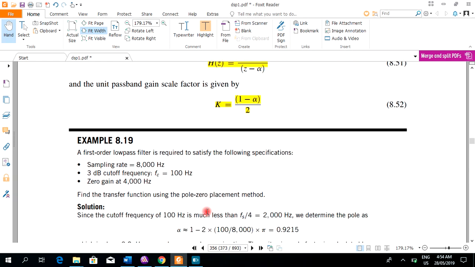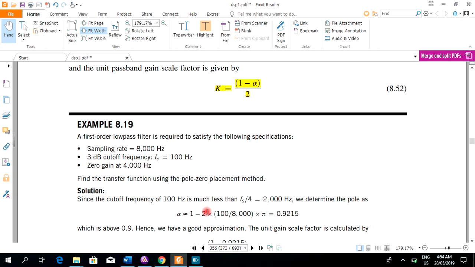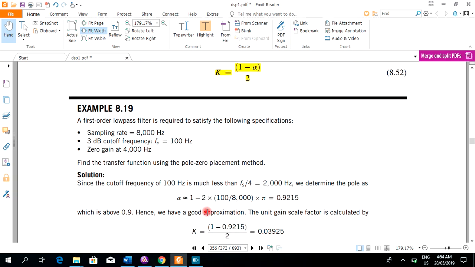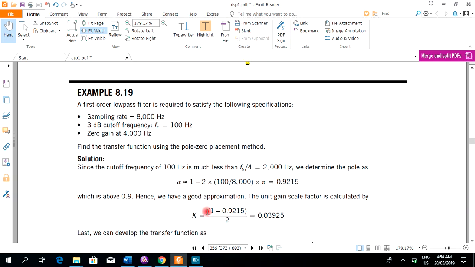Here is an example. Sampling frequency is 8 kilohertz, cutoff frequency 100 hertz, zero gain at 4 kilohertz. We have to calculate the transfer function.